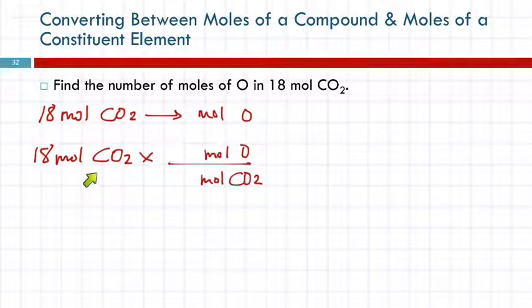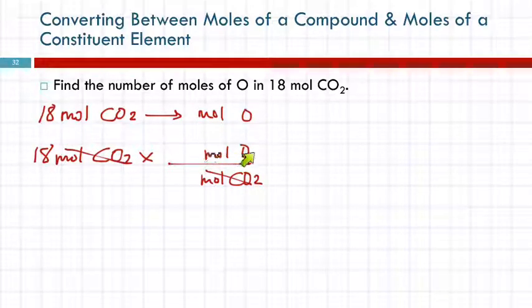Here, it's important to say moles of what? If we're talking about dozens of spiders and dozens of spider legs, just saying a dozen isn't going to help because we were talking about 2 different things. So here I need to say mole of what? Mole of oxygen, mole of carbon dioxide. So mole of carbon dioxide cancels mole of carbon dioxide.